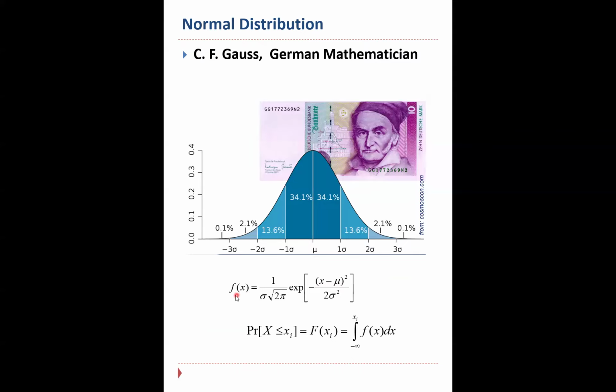The probability density function of this distribution is given by this mathematical expression. It's a complicated one, as we will see that its analytical integration is not possible through simple one-dimensional methods. It is 1 over sigma square root of 2 pi in the denominator, and exponential of minus (x minus mu) squared over 2 sigma squared.